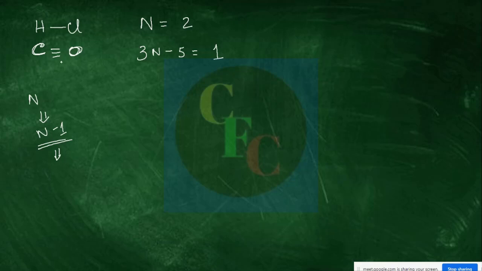This vibration will be the stretching vibration. No other vibration is possible. Stretching means you can elongate and compress, like the spring model we discussed in the last lecture, and only one kind of stretching.